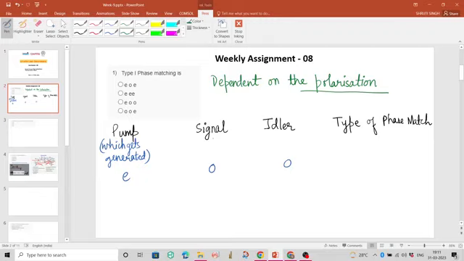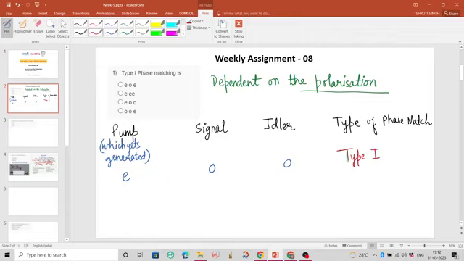So in this type, in which signal and idler are the same, O and O at 0 degree, and the pump which comes out has polarization E, that type is called type 1. That is the type 1.